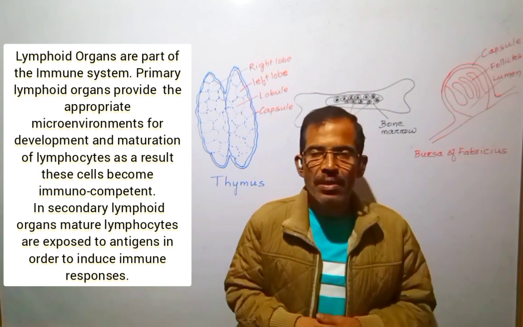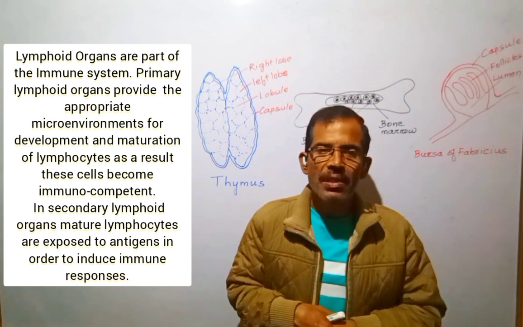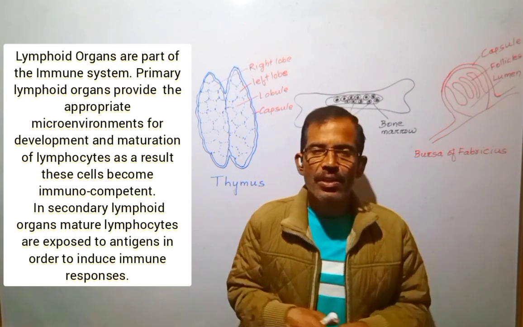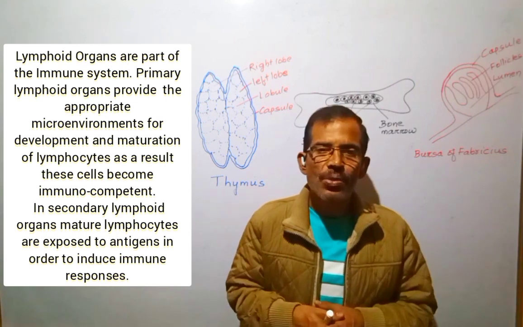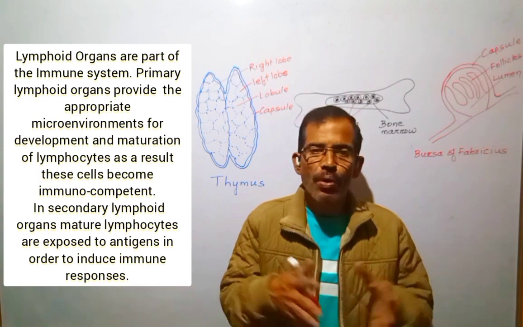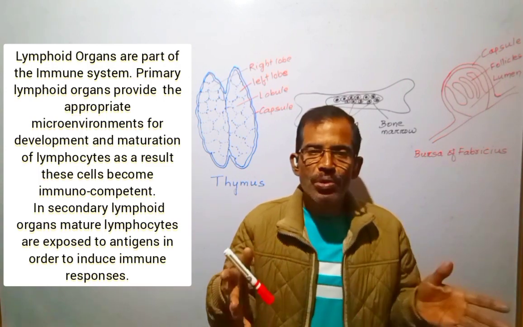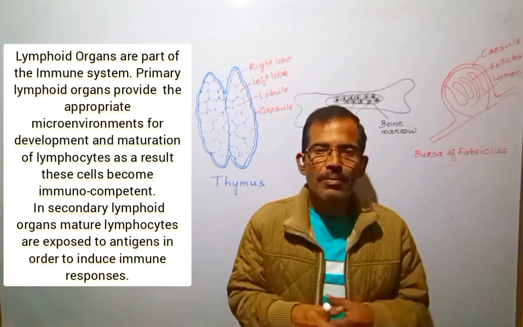As a result, they become functional. Examples of secondary lymphoid organs are spleen, lymph nodes and mucosa-associated lymphoid tissue. In secondary lymphoid organs, the mature lymphocytes interact effectively with antigens.